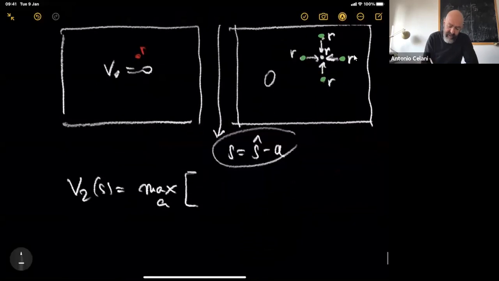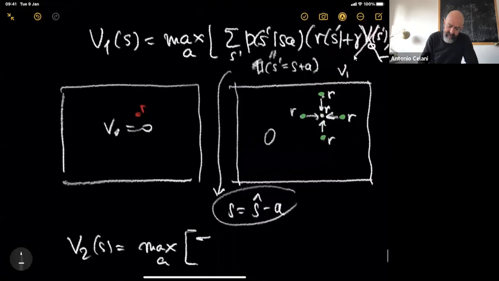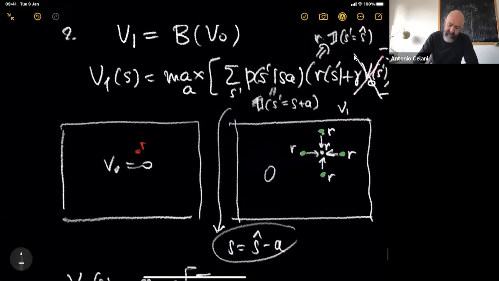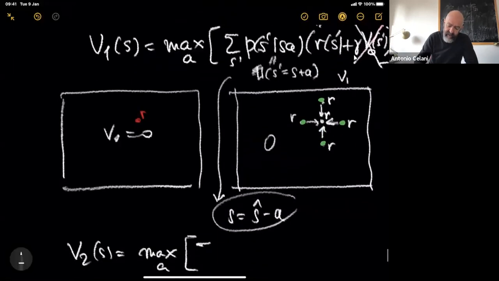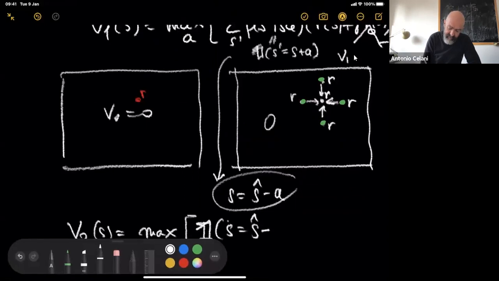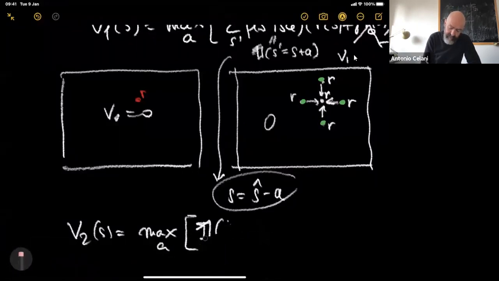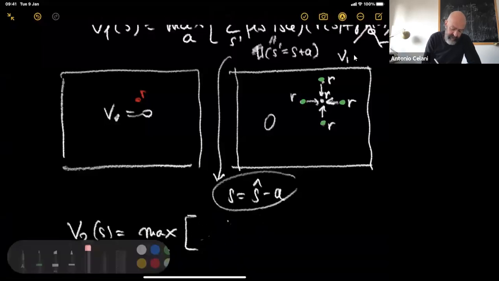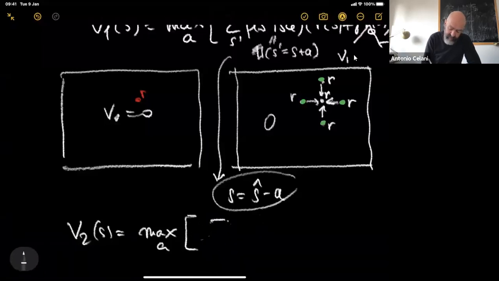So what happens at the next step? Well, we have to repeat this again. Sorry, this is not correct at this stage. Let me write it in full again. That's better, that was the confusion.